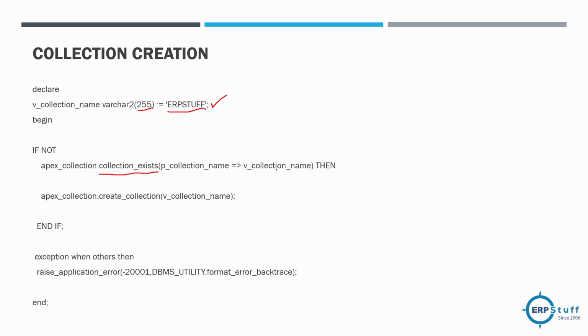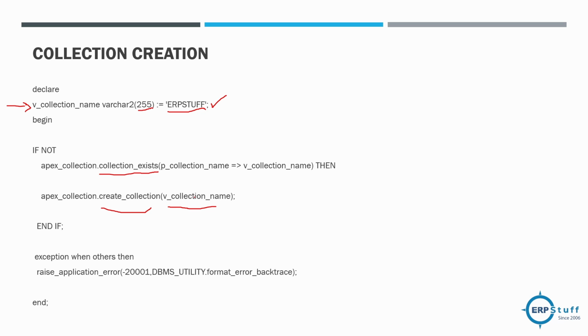Because your code will be running repeatedly, if it is already there you will not create it, but if it is not there, you will create the collection. Here you pass the parameter collection name, which is this variable.